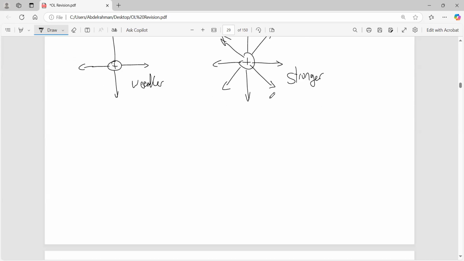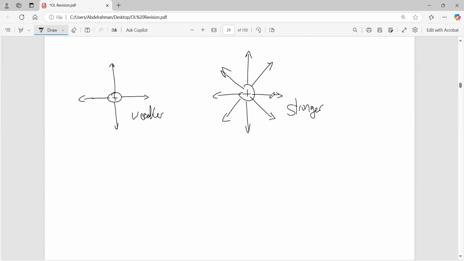How can I define the direction of the electric field? What's the direction of an electric field? It's outwards from a positive charge and inwards in a negative charge, but that's not the definition.